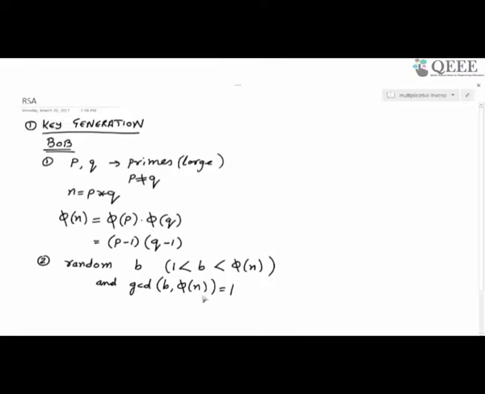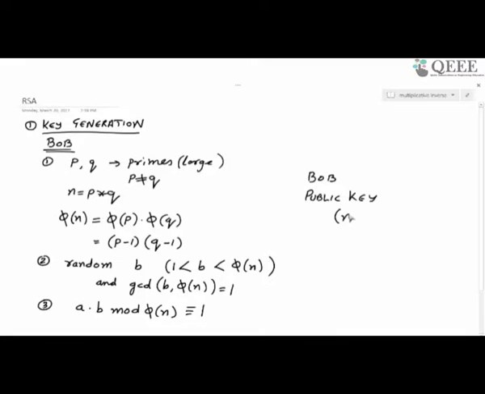That is, b and phi of n are co-prime to each other. And since they are co-prime, he can actually compute the inverse of b. So he can compute this element called a such that a into b mod phi of n is congruent to 1.